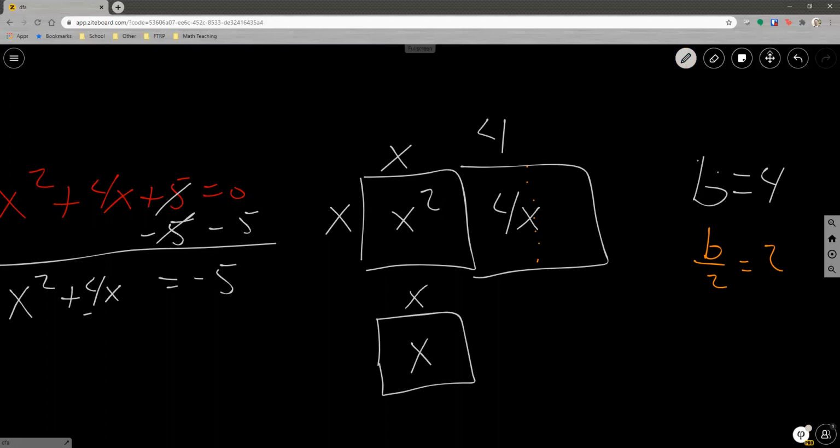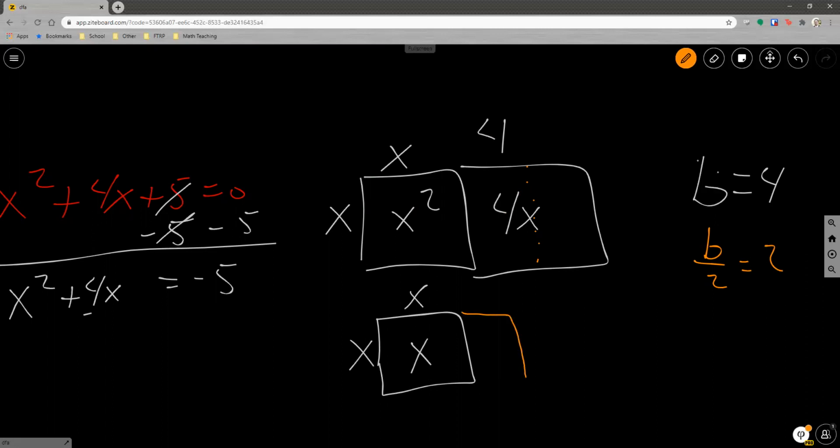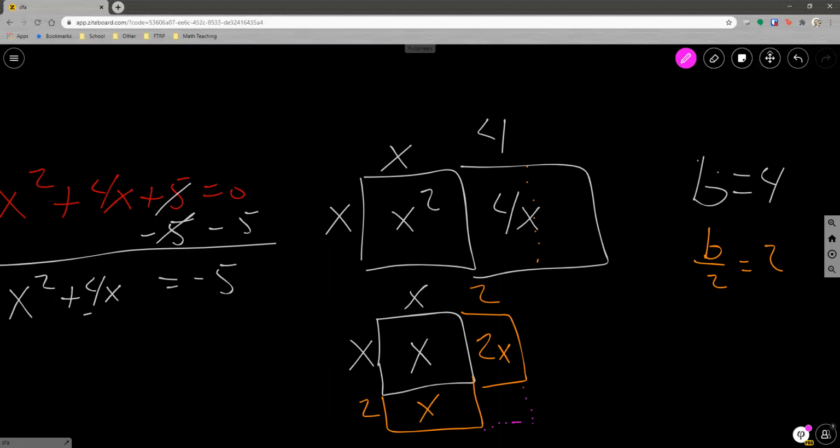Still have x squared, but now I've divided the right side block into 2 pieces, each with a length of 2 on one edge and x on the other. And now the only thing I need to figure out is that little space down at the bottom here. Well, it's just going to be 2 times 2, which gives me 4. So b divided by 2, squared, is going to be 4.